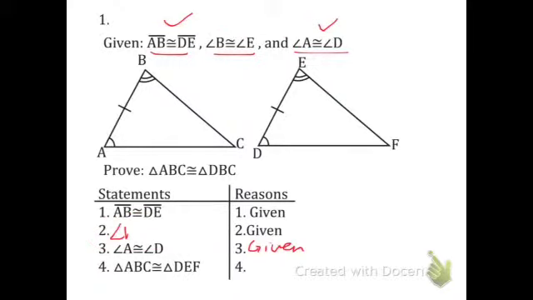So angle B is congruent to angle E, and that's because it's given. And once you have these 3, you're looking at angle, side, angle for both. And so we have angle, side, angle to know that these triangles are congruent.